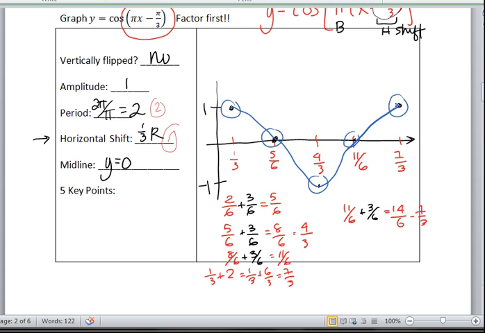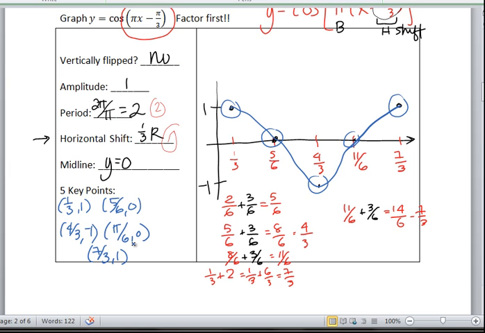Alright, so my 5 key points are 1/3, comma 1, 5/6, comma 0, 4/3, comma -1, 11/6, comma 0, and last but not least we have 7/3, comma 1.